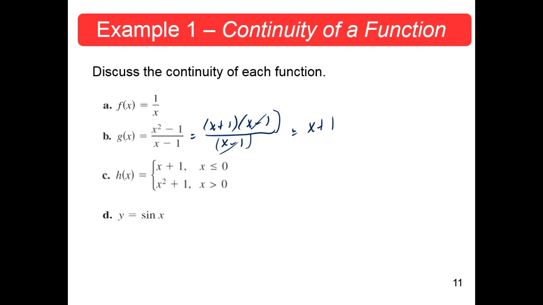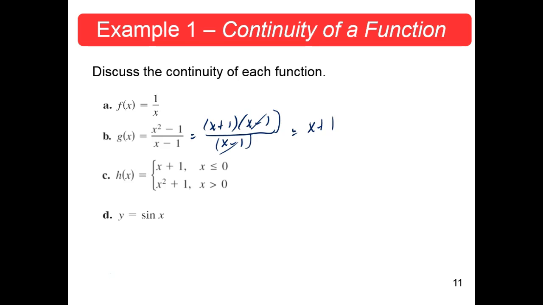Now, how about this one? Shucks, looks like I'm going to have to graph this and those. Oh, maybe not. Let's see. Where would be the possible place this would not be continuous? So this is x plus 1 for every x less than 0. That's continuous everywhere, right? X squared plus 1 for every x greater than 0.